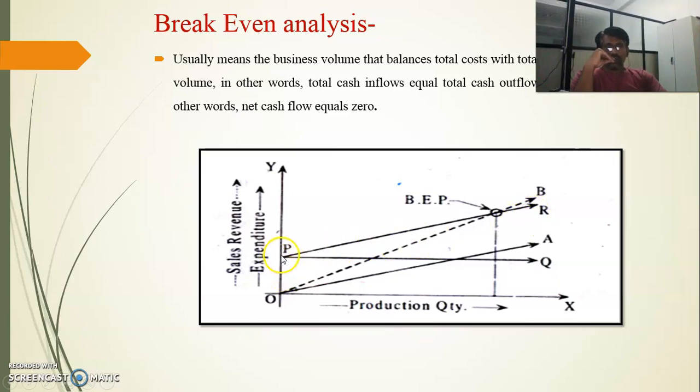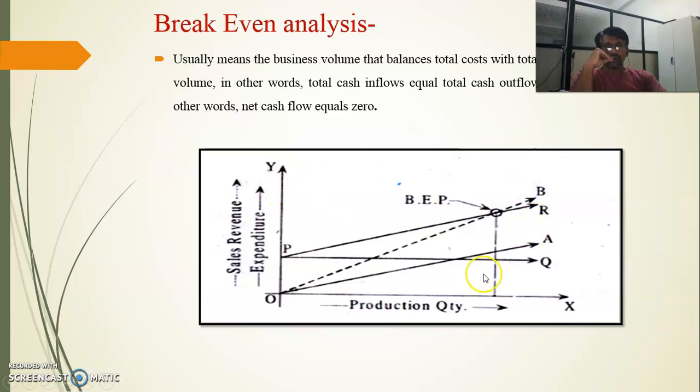The point P represents the fixed cost, and PR has the slope of OA. So PR represents the total cost, that is fixed cost plus variable cost. Now this line PR becomes the total cost of the manufacturing.